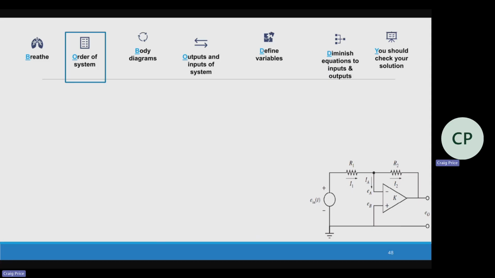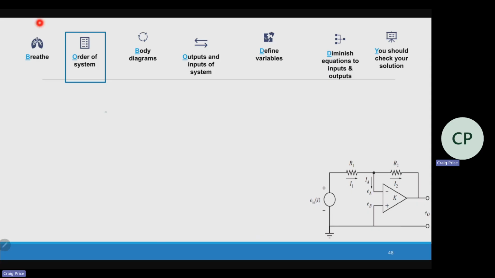Any guesses about the order of the system? Oh, by the way, the op-amp doesn't change the order. So what would the order of the system be? First order, great guess.